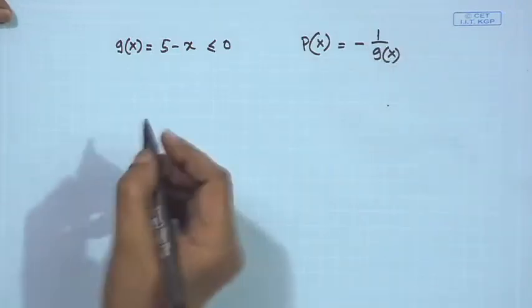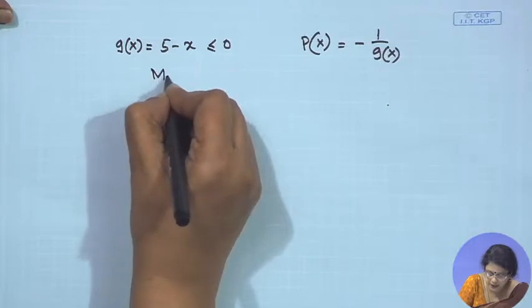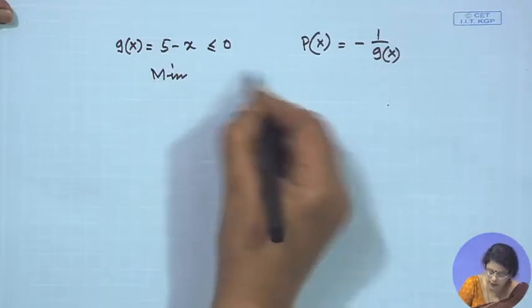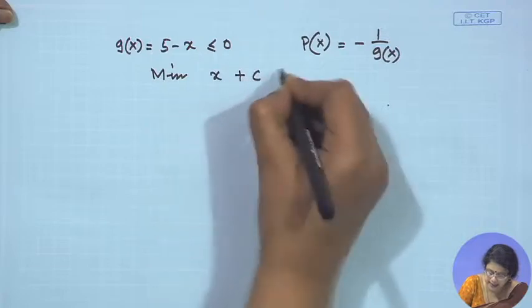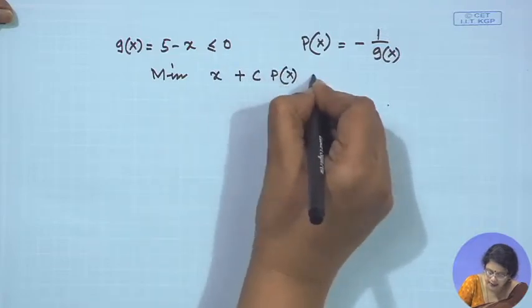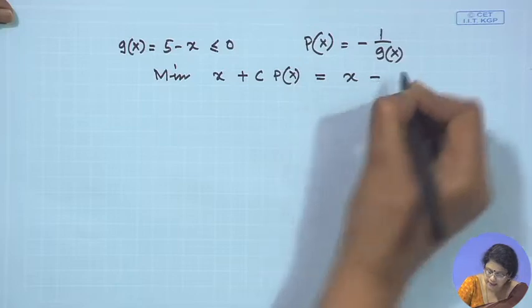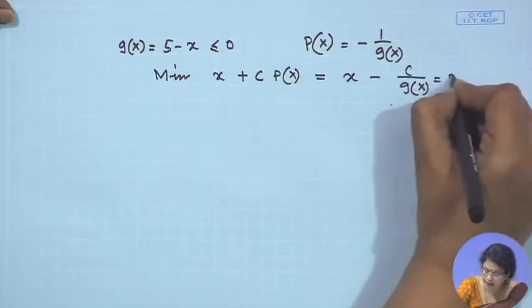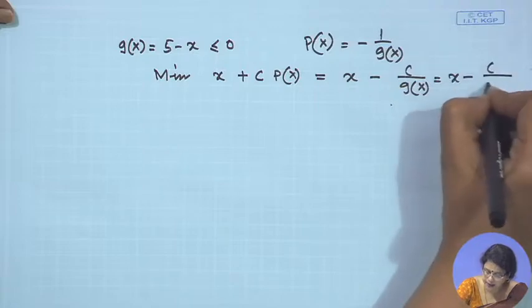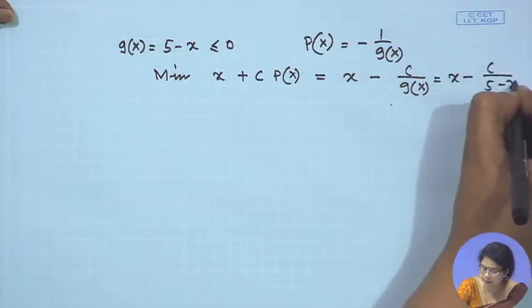Then the unconstrained optimization problem would be minimization of x plus c into p x. Here it would be x minus c by g x, or x minus c by (5 minus x).